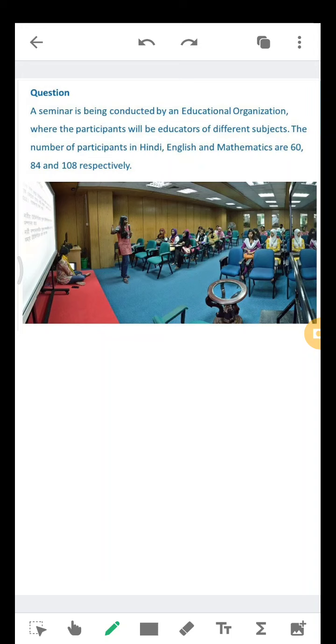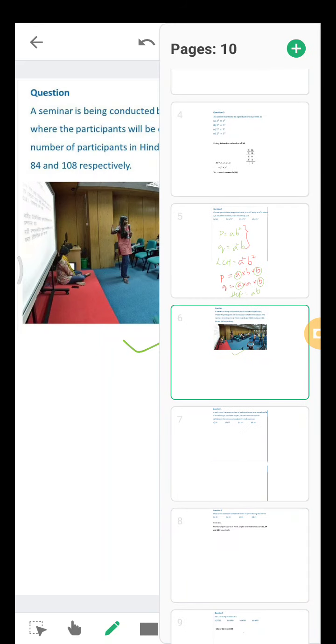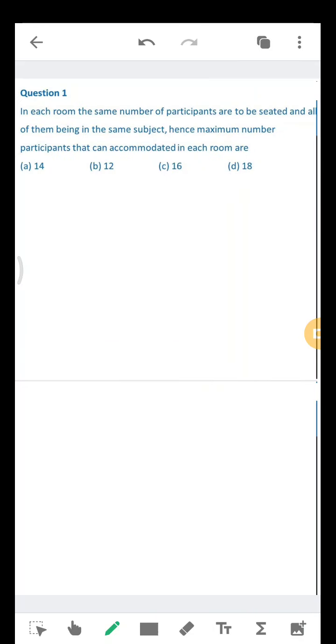Now let's see what are the different types of questions that can be asked based on this situation. These are examples. You can refer many questions of this type. Now the first question is, in each room same number of participants are to be seated and all of them being in the same subject.